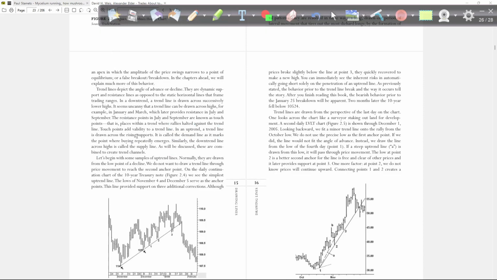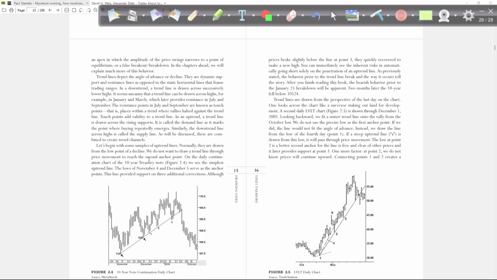Touch points add validity to a trend line.